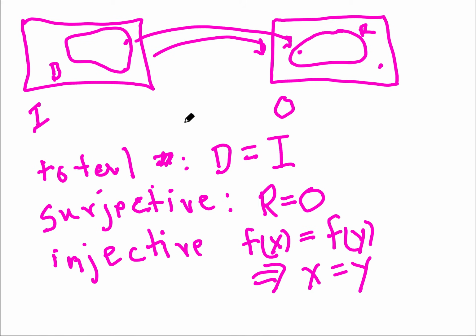In other words, if my function is injective, if I have 2 points here, this one goes here, and this one goes here. If it's injective, they can never be the same point. So that's injective. And then finally we have bijective.